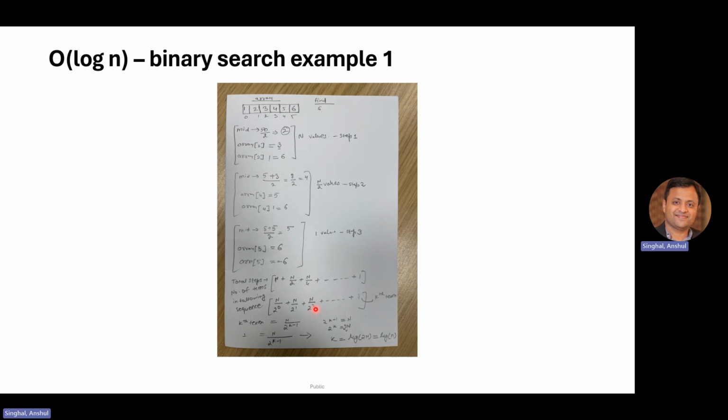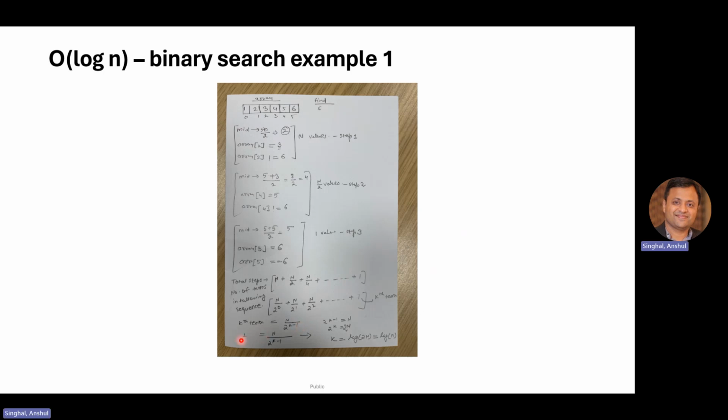The power here is 1 less: third, 3 minus 1, 2. Likewise, if these are the k terms and this is the kth term, then this is going to be n by 2 raised to the power k minus 1, based on this understanding. That's how I have written this. So kth term is n by 2 raised to the power k minus 1.